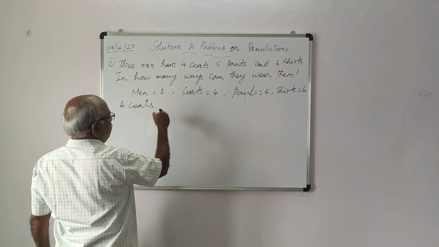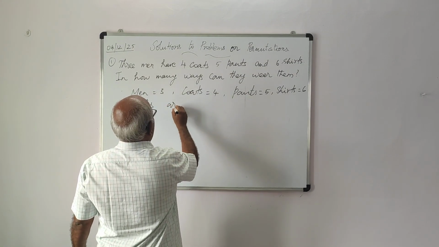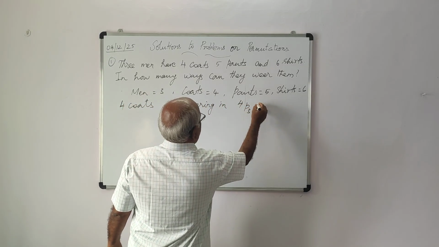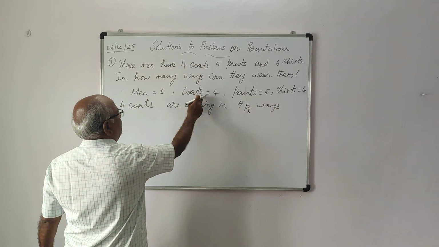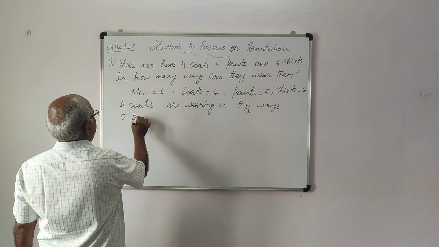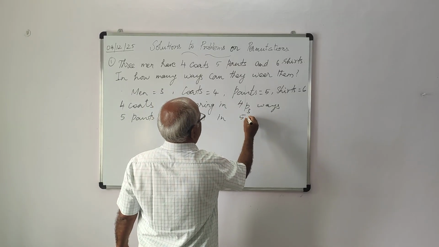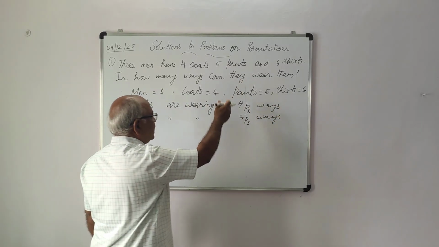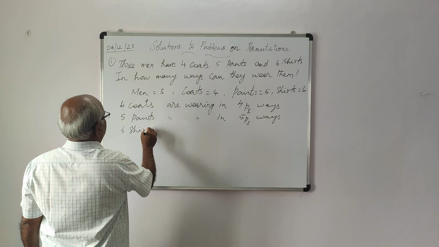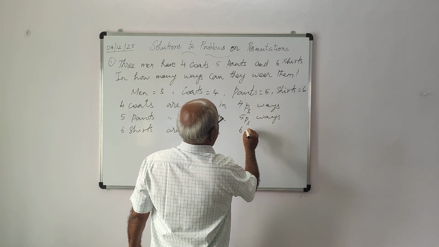4 coats are worn by 3 men in 4P3 ways. Similarly, 5 pants can be worn by 3 men in 5P3 ways, and 6 shirts are worn by 3 men in 6P3 ways.